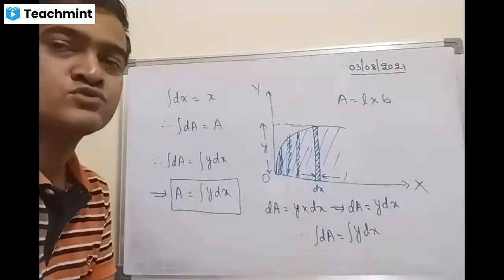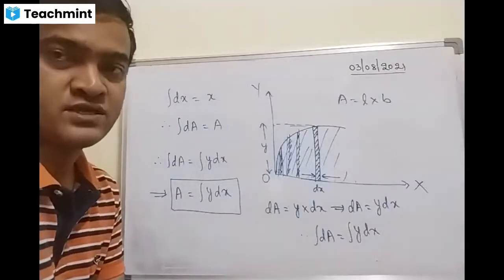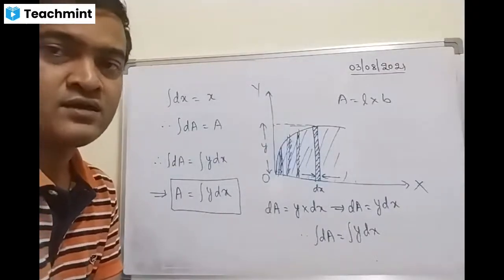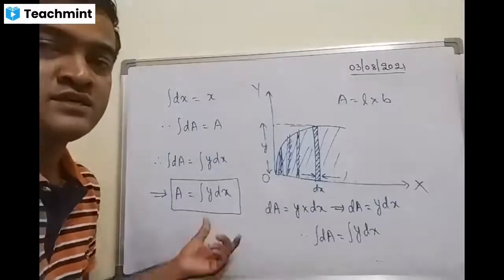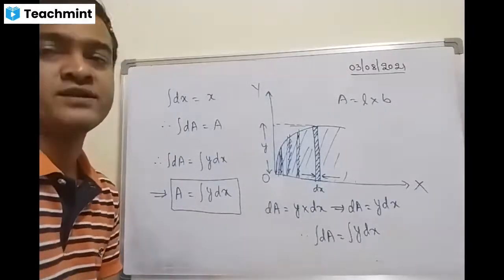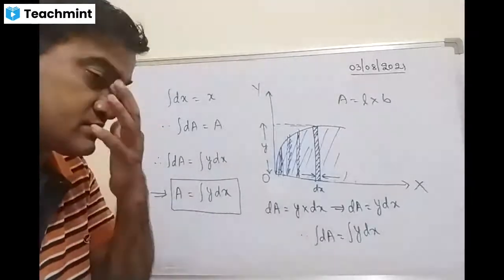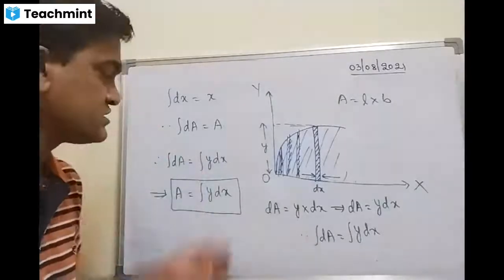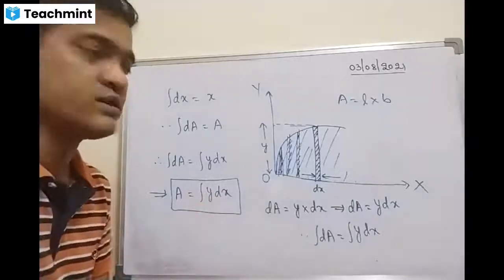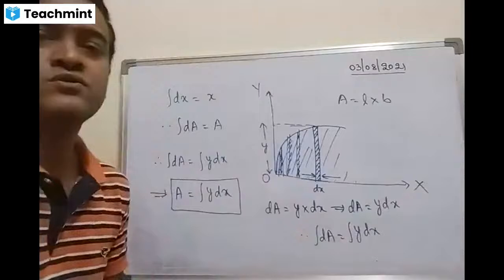I am multiplying those two so that I can write y into dx. To find the area using integration, it is applicable for multiplication of two quantities, y into dx. Okay, so this is about the area.